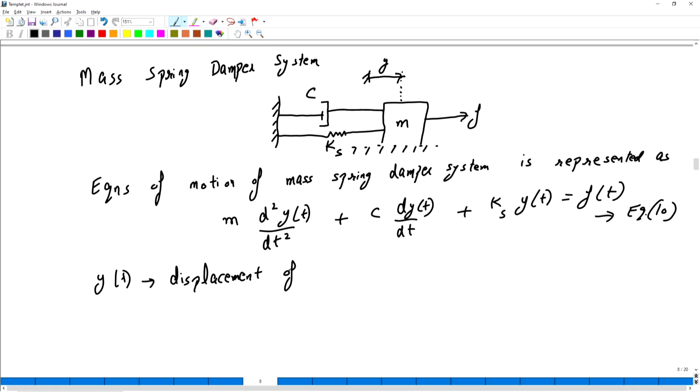Now here y of t is represented as the displacement of the block of mass m from its static equilibrium position.